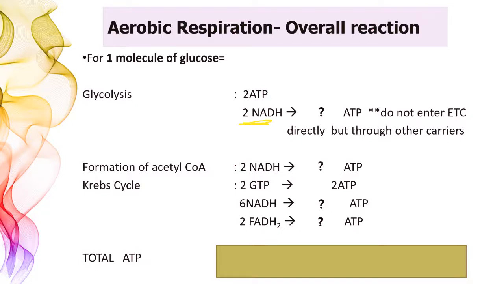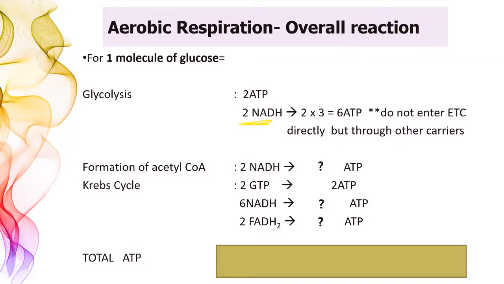So from oxidative phosphorylation, 2 NADH will produce 6 ATP. It is only times 3, and the reason you need to times 3 is, remember just now, oxidation of one molecule of NADH will give 3 ATP, whereas one molecule of FADH2 will give 2 ATP.